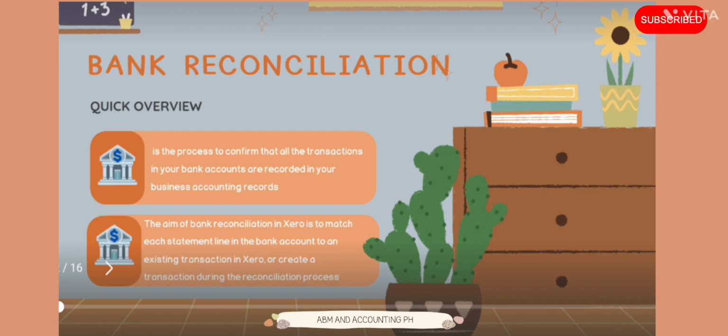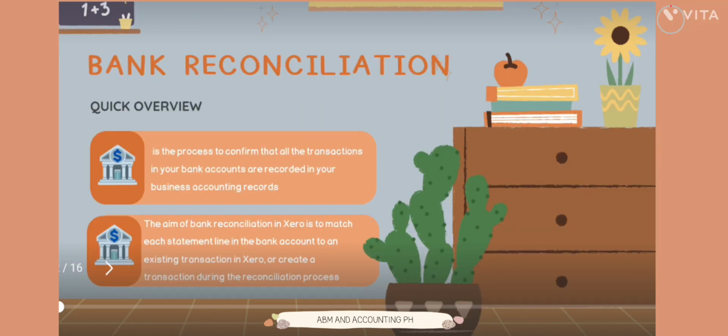Sa undergraduate, tinuruan tayo mag-bank reconciliation which is ginagawa siya monthly or quarterly. Pero dito sa Xero, sa Australian setting, nagbabank reconciliation tayo daily in order for us to update bank records versus our accounting records.